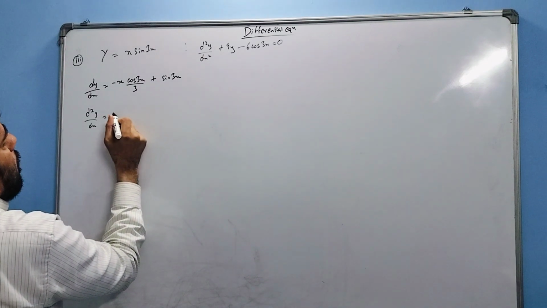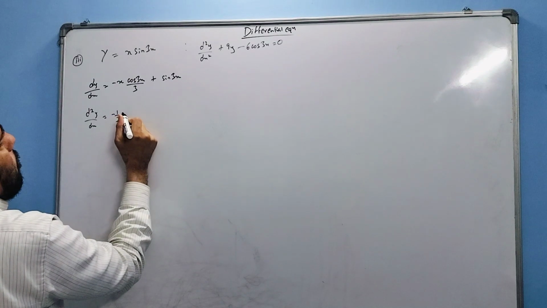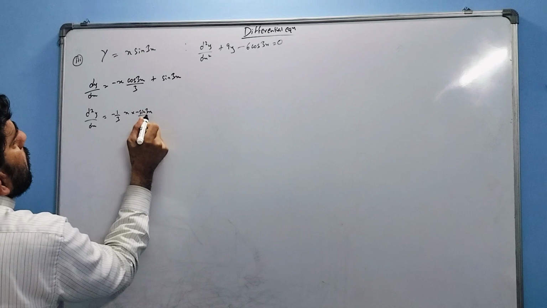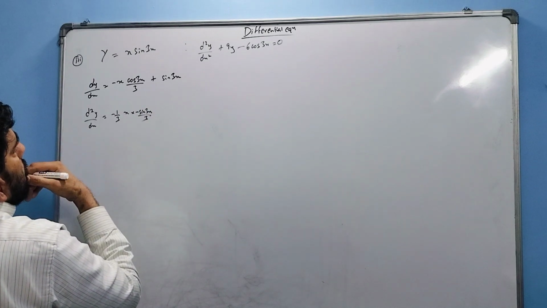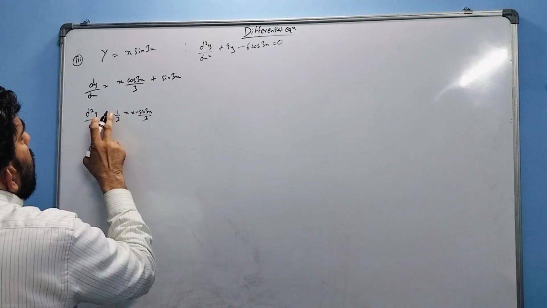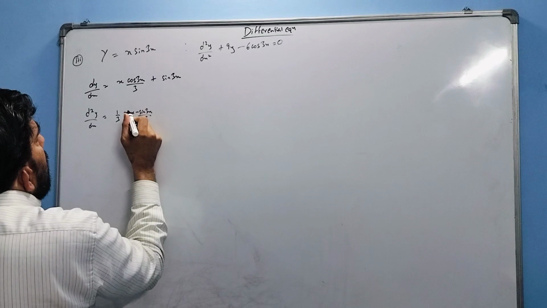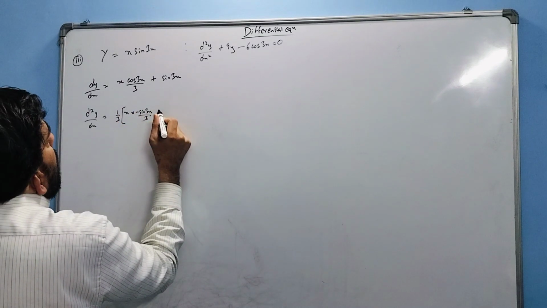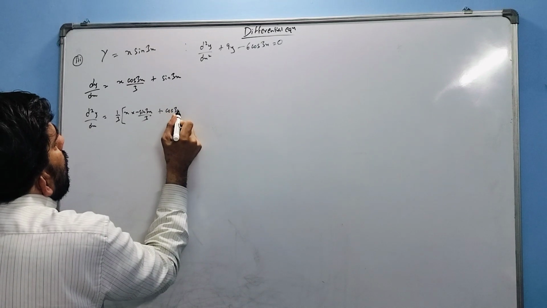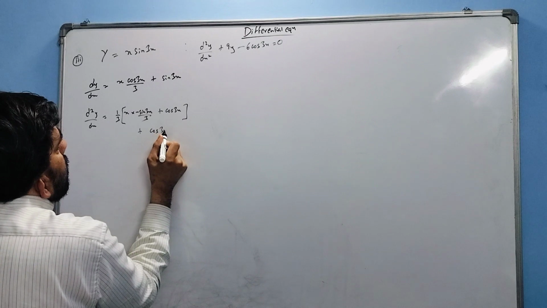So we get 1 upon 3 outside, and x into minus sin 3x upon 3, the sign is positive, so we have sin 3x by 3 plus cos 3x. Plus we have cos 3x by 3.